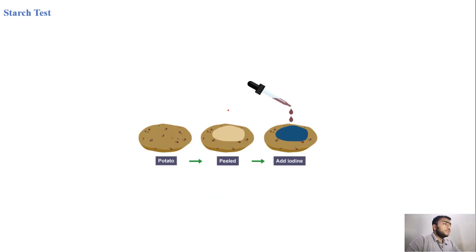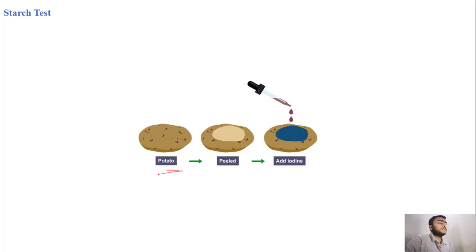Now we move on to the various tests that are explicitly mentioned in your syllabus. So this is a starch test. For instance, you needed to check or gauge if a food molecule contains starch, then you will take that food sample.